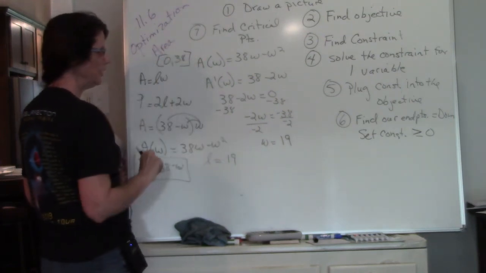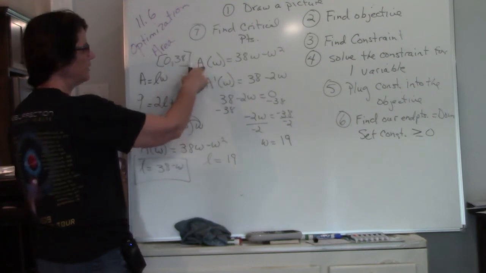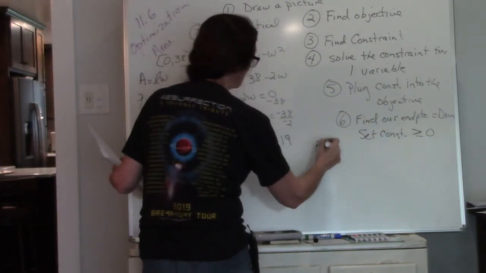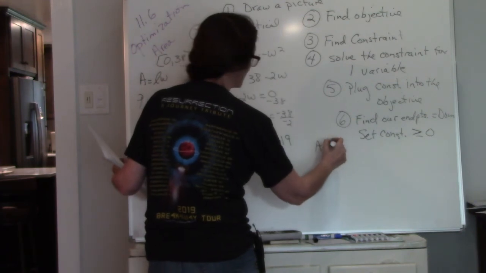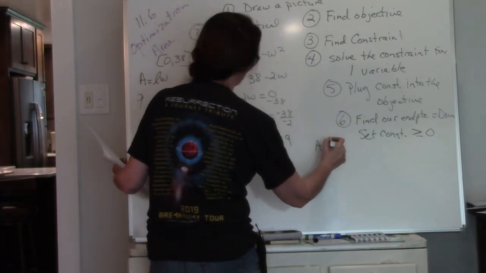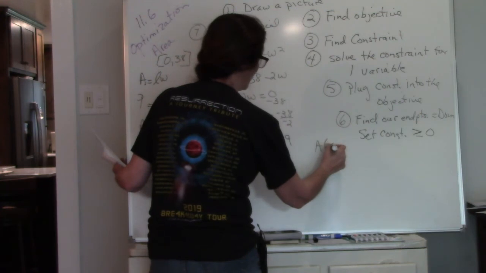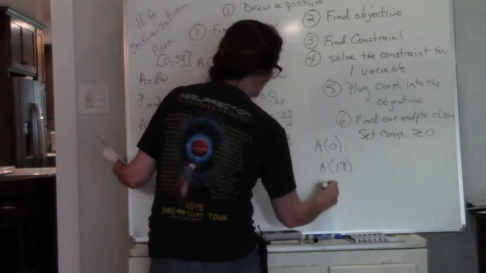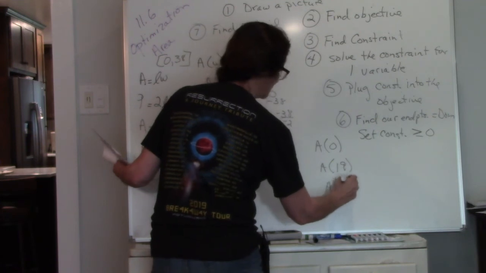Our critical point is 19. We're going to plug those back into the original function and see which one is going to give us the maximum area. So we have A of 0, A of 19, and A of 38.